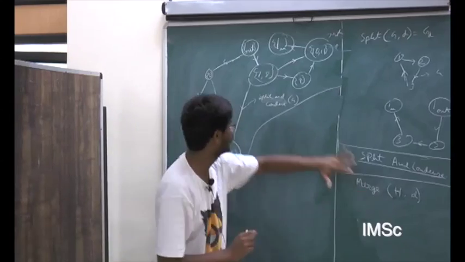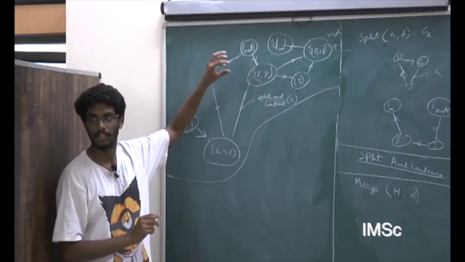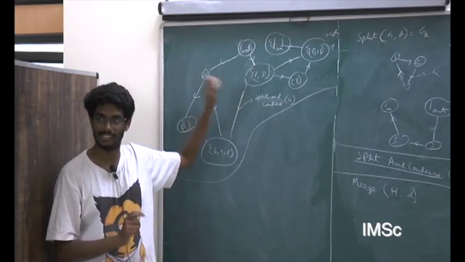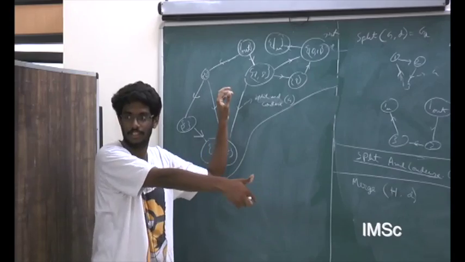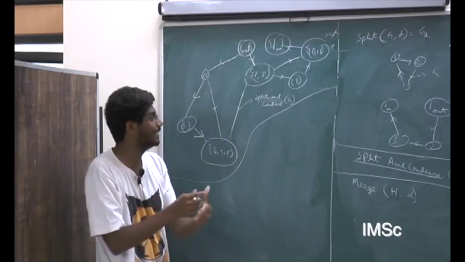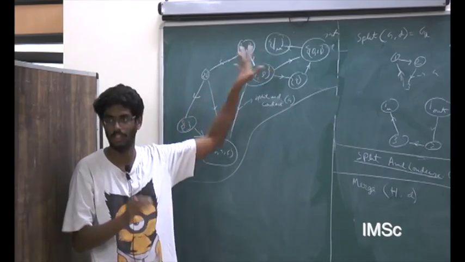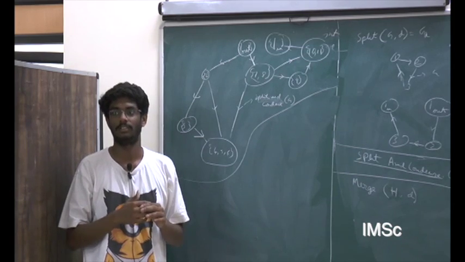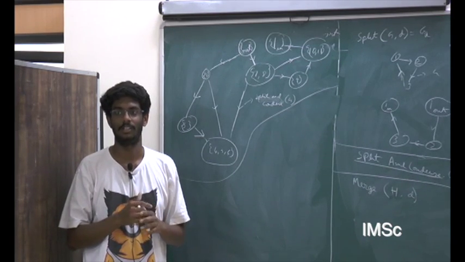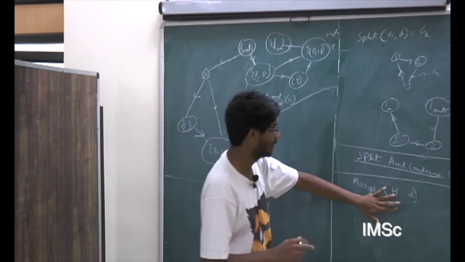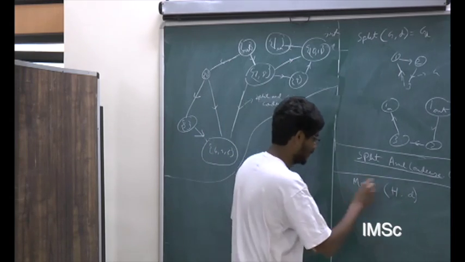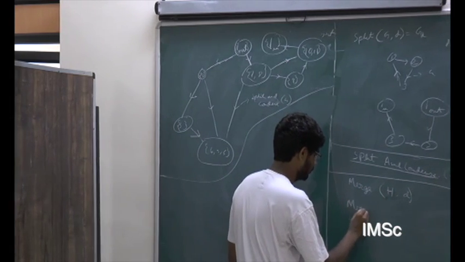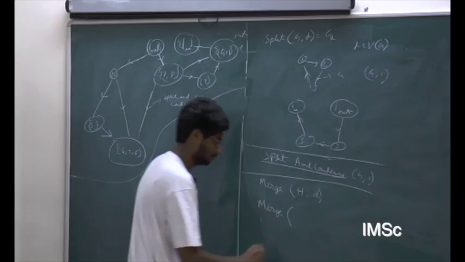So merge of H comma D takes a subset of these vertices. Each vertex is a subset of vertices in G. If any of them contain D in or D out, it replaces it with D. D in and D out will always be singletons, right?